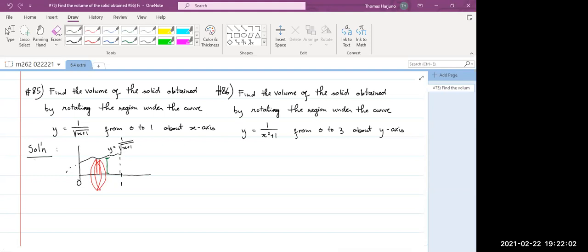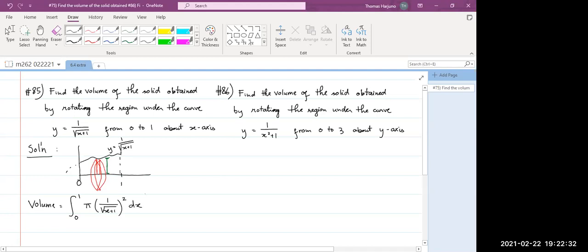So the volume will be the integral from 0 to 1 of the volume of each disk, which is pi y squared dx.